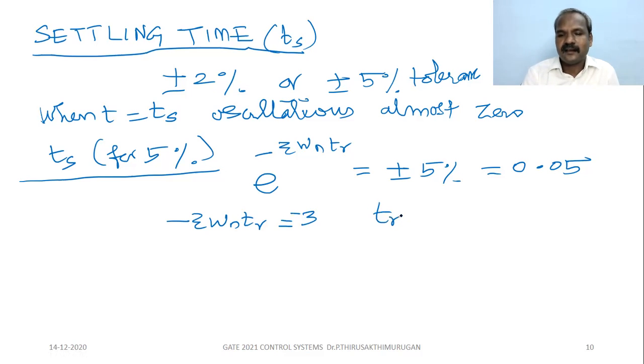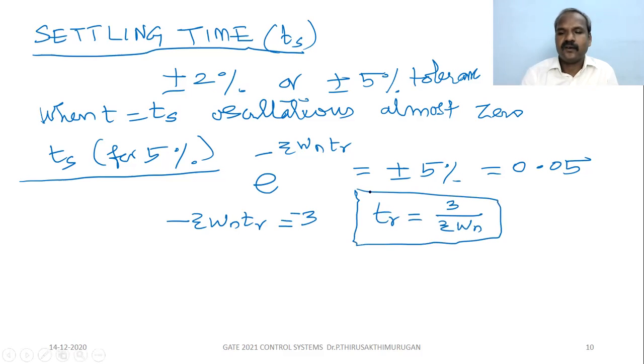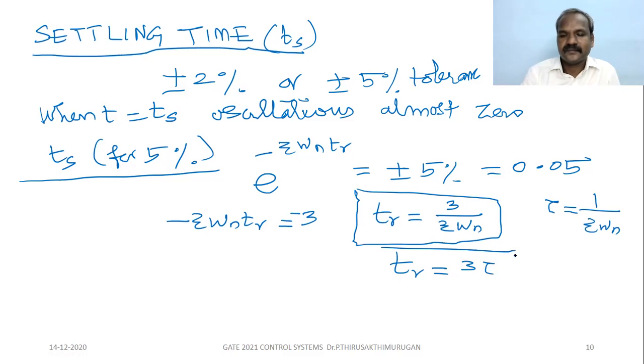So Ts for 5% tolerance is 3 divided by zeta omega n. The time constant tau of the second order system is 1 by zeta omega n. So for 5% tolerance, Ts equals 3 times tau, as in the case of first order system.